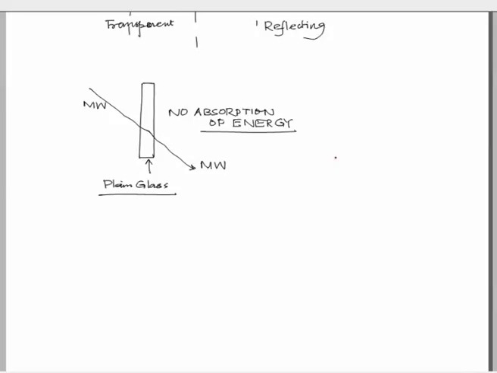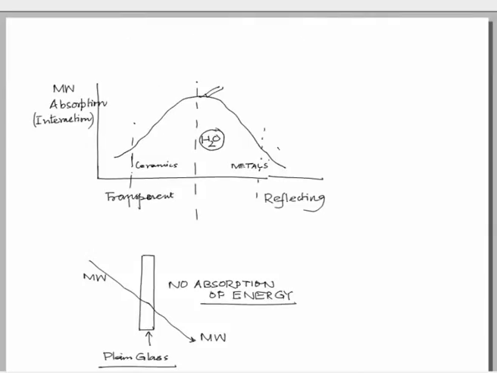At the same time, if we consider metals, they are simply like mirrors to normal light. If this is the incident light, this is the reflected light, following the laws of reflection.